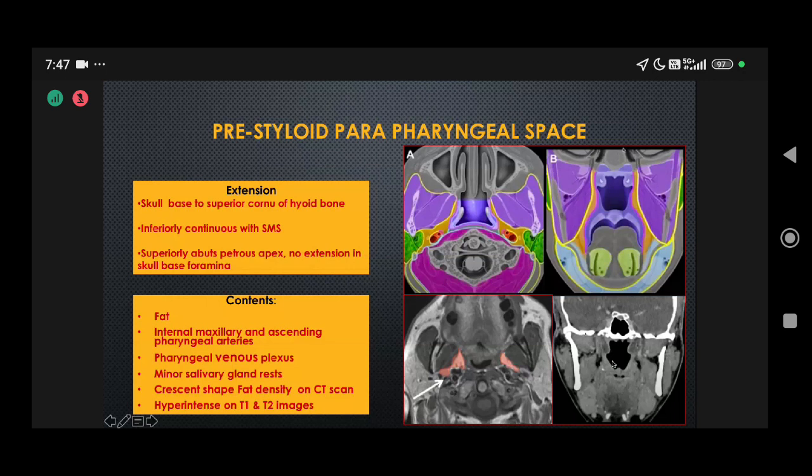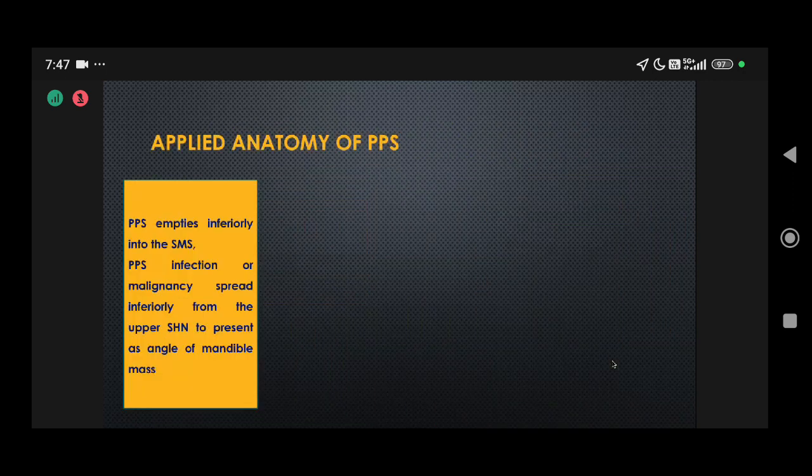The contents we are all aware of, that it is basically made up of fat. As I said, how does it look on CT and MR? It has a pharyngeal venous plexus and minor salivary gland rests, crescent shaped fat density on CT scan, and hyperintense on T1 and T2 weighted images.